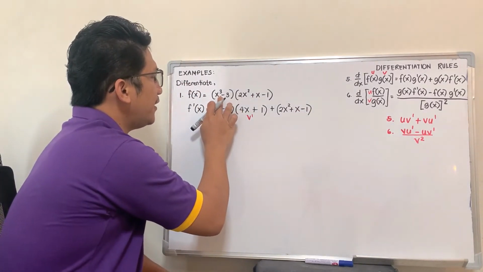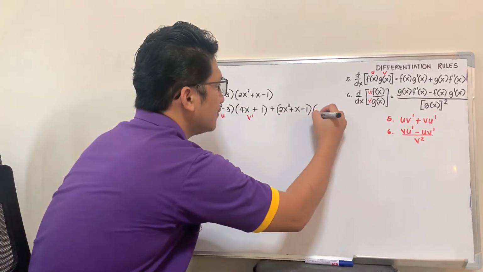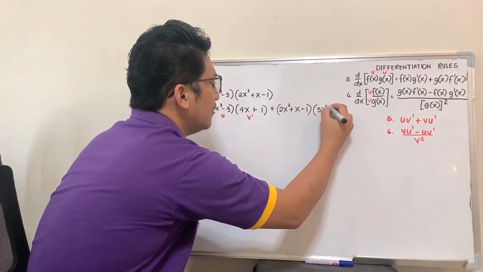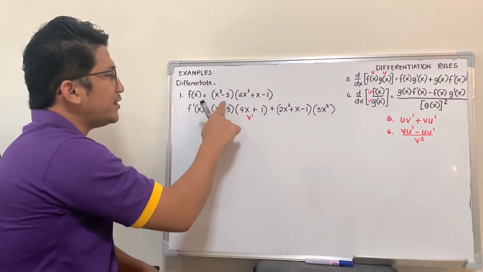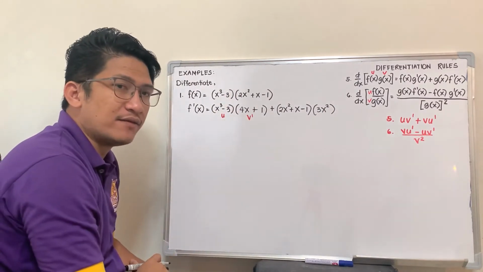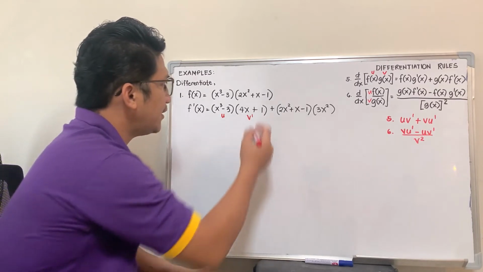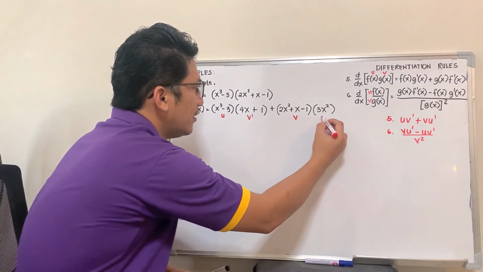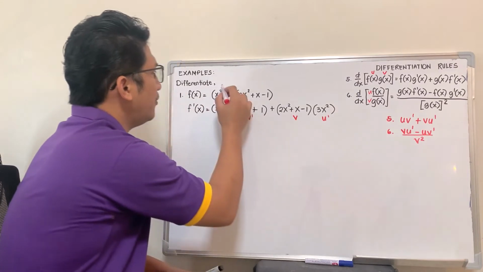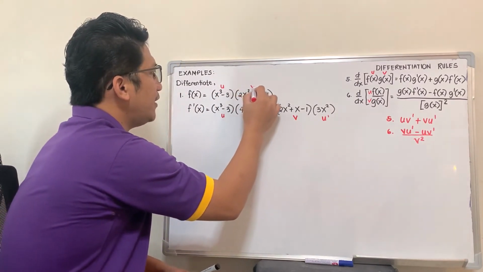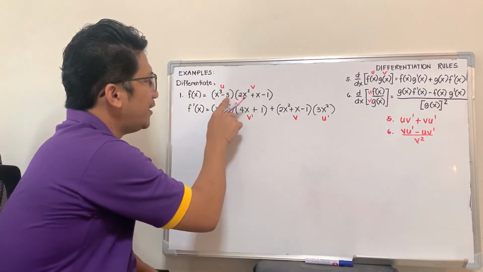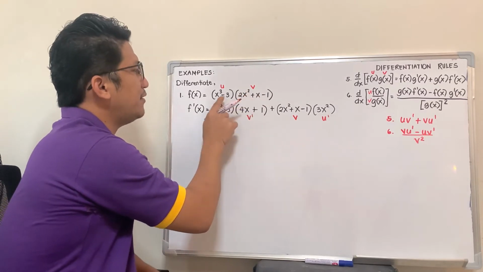So, derivative ani is 3x squared. Kani, ayaw na, kay 0 naman gihapon. Derivative of a constant is always 0. Okay, so this is your v, u prime. Okay, so mamaya itong u, mamaya itong v. So, gibuhat, copy, differentiate, plus, copy, differentiate.